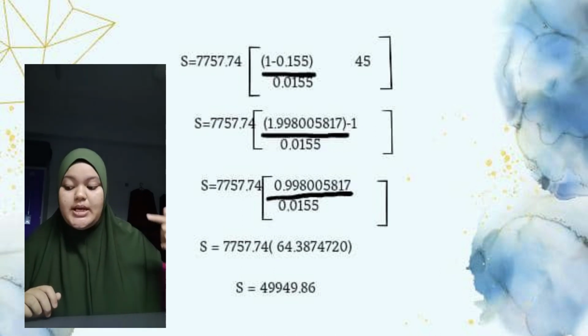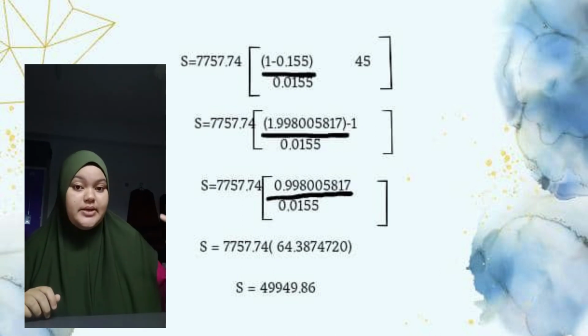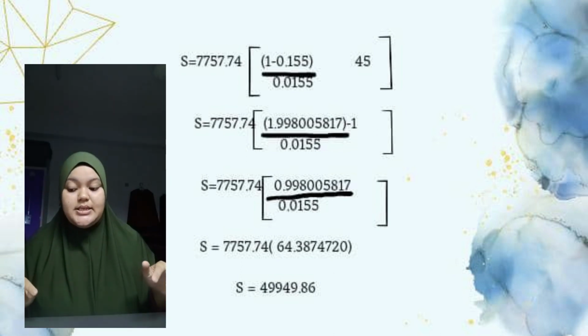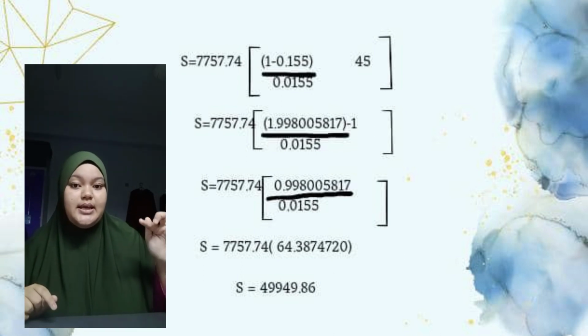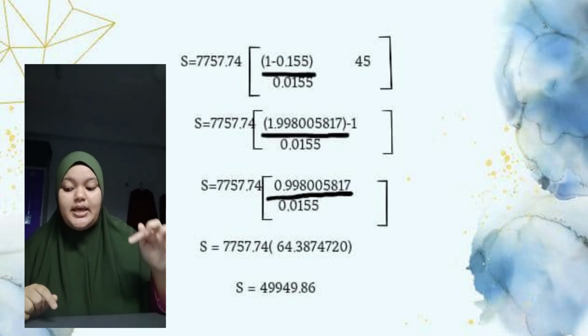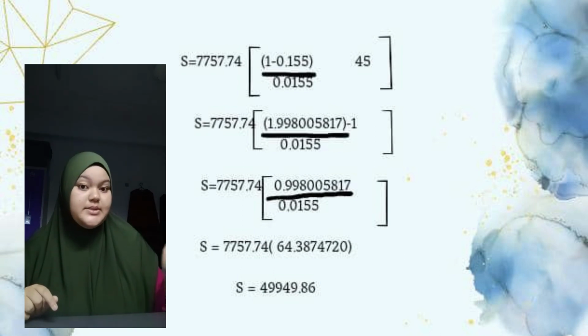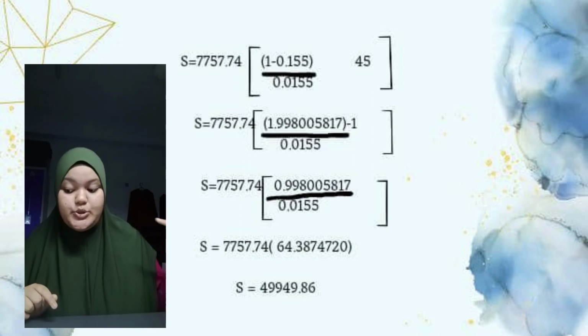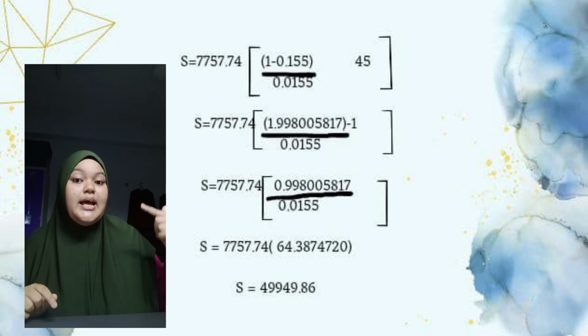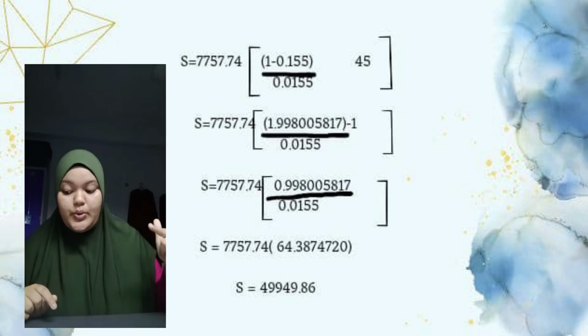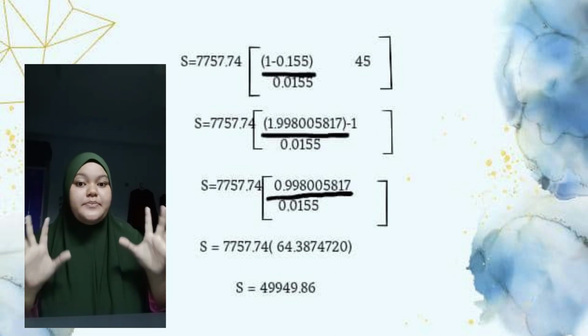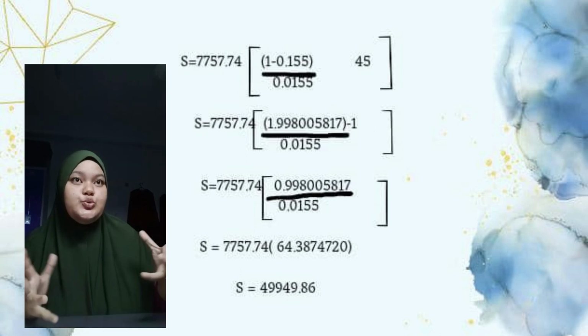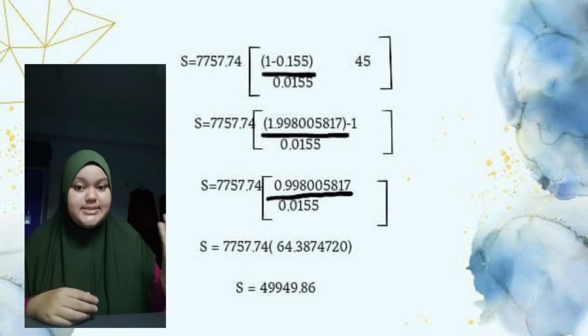S equals 7757.74, open the big bracket, 0.998005817 over 0.0155. The next step is the same step. S equals 7757.74, open the bracket. This is the last bracket to get the correct answer.